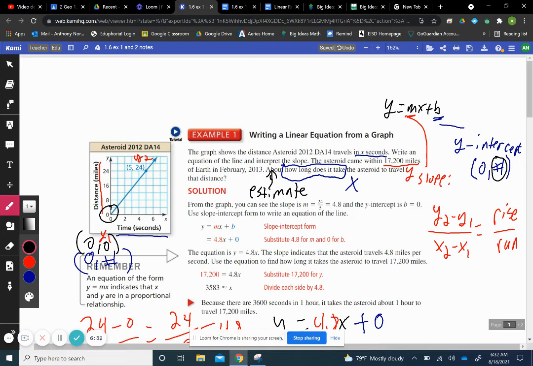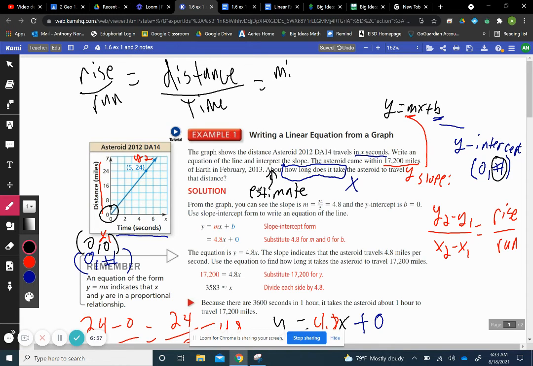So the last thing we're doing is interpreting the slope. So we said slope is rise over run. If we take rise over run and then replace the rise and the run with our units, it is distance over time, more specifically, miles over seconds.